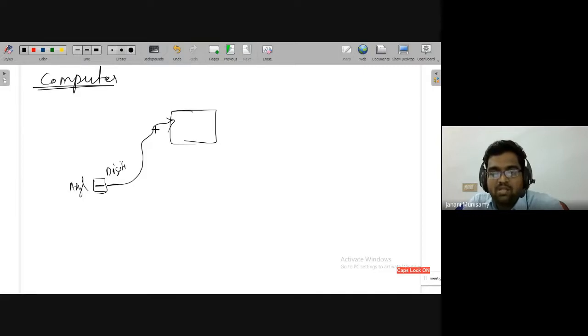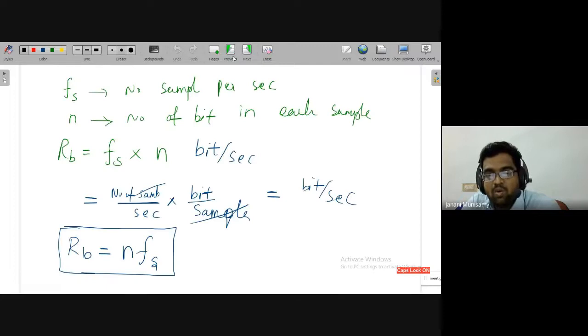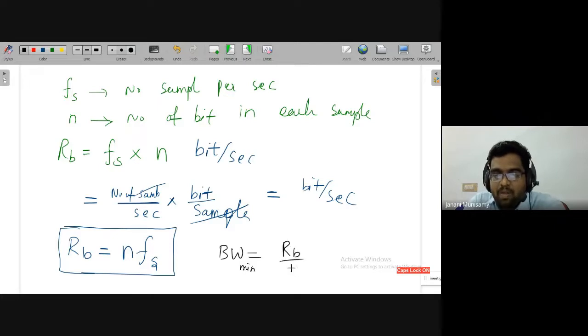But this wire also has to support some bandwidth. Now I know the digital data rate. What must the bandwidth be so that the wire carries this digital data reliably? That is another question. If somebody asks what bandwidth is needed to carry this digital data, the minimum bandwidth is RB by 2.